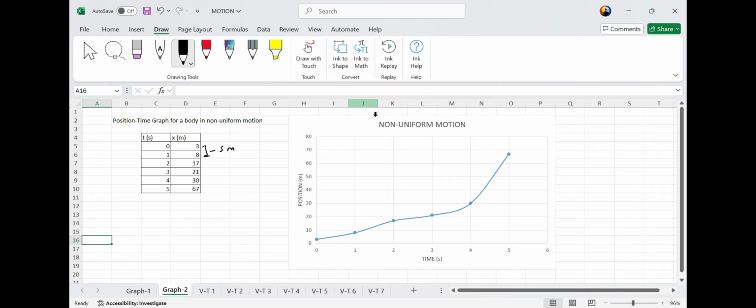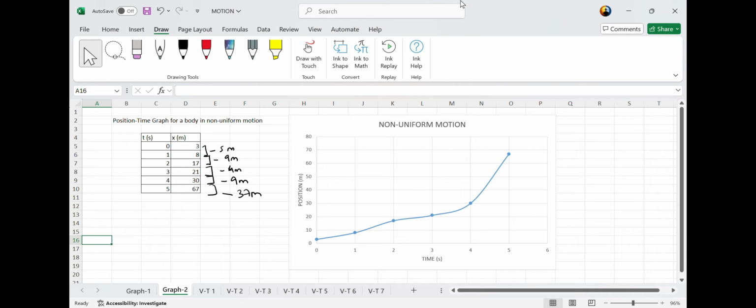Again, 17 minus 8, this is 9 meters. Then 21 minus 17, that's 4 meters. Then 30 minus 21, that's again 9 meters. And then 67 minus 30, that's 37 meters. So this change is not uniform, and that is the reason why we got a non-linear graph for an object which is in a state of non-uniform motion.